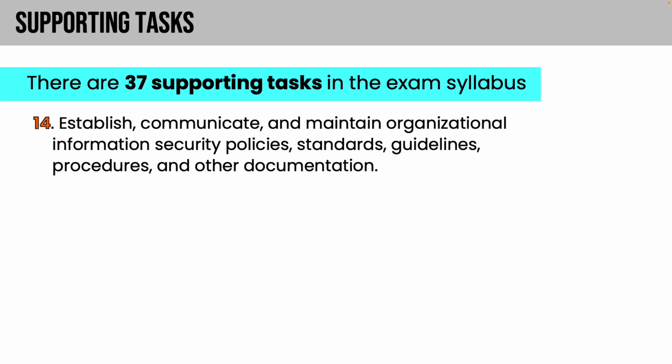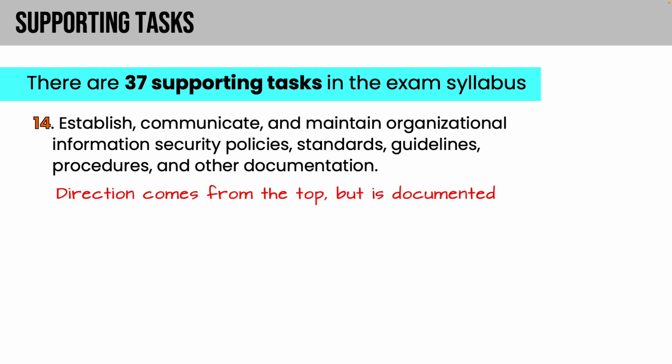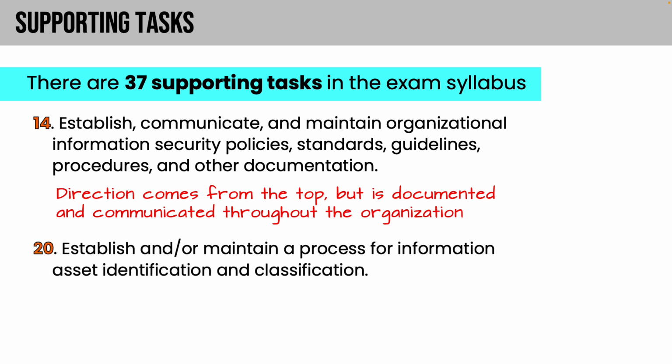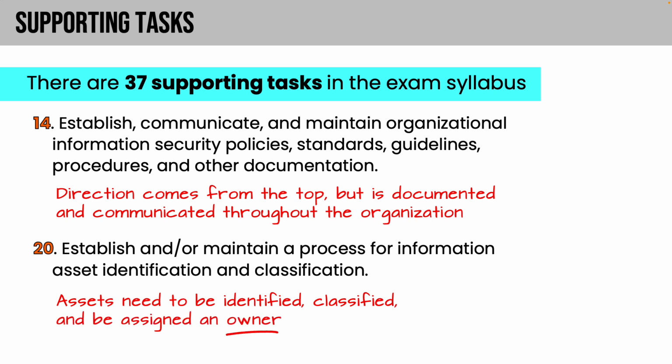Establish, communicate, and maintain organizational information security policies, standards, guidelines, procedures, and other documentation. So the direction comes from the top, but is documented and communicated throughout the organization. And 20. Establish and or maintain a process for information asset identification and classification. Remember, assets need to be identified, classified, and be assigned an owner.